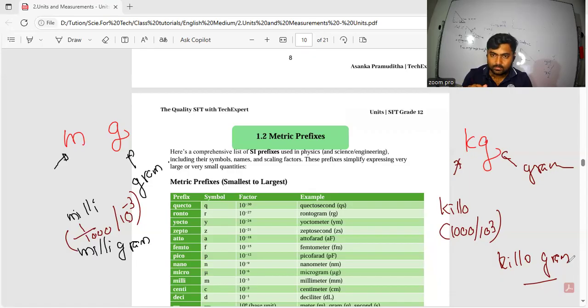Finished? Yes, sir. Okay. Then we have to draw this table.